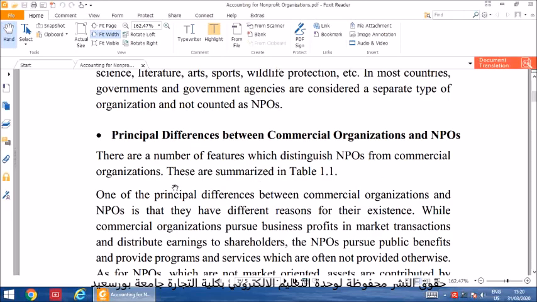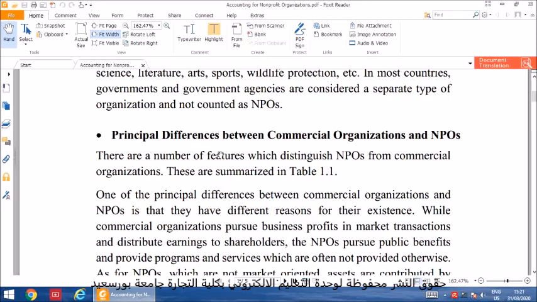Now we need to study the difference between non-profit organizations and commercial organizations. Commercial organizations refer to organizations aimed to achieve profit. So we need to distinguish between these two types of organizations.